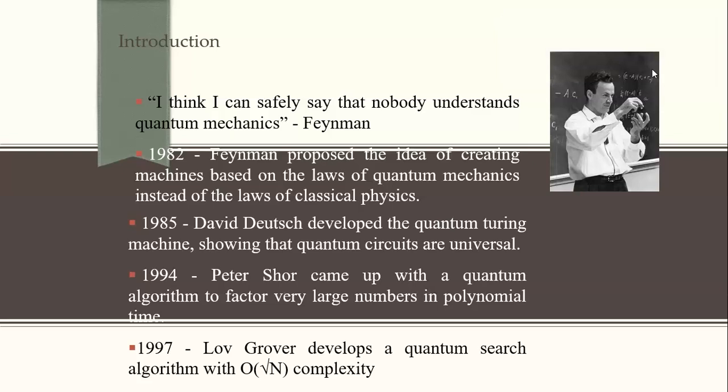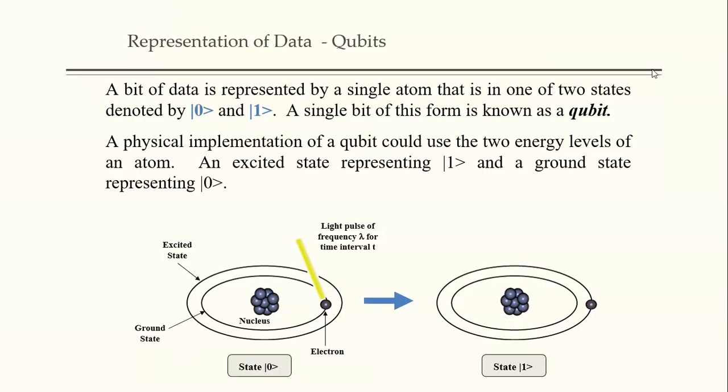Then in 1994, Peter Shor came up with a quantum algorithm to factor very large numbers in polynomial time. In 1997, Lov Grover developed a quantum search algorithm with root n complexity. Now, the representation of data.